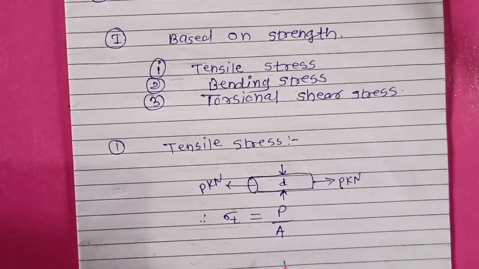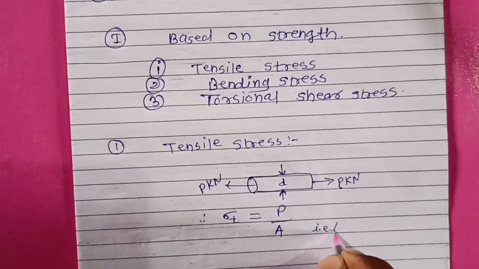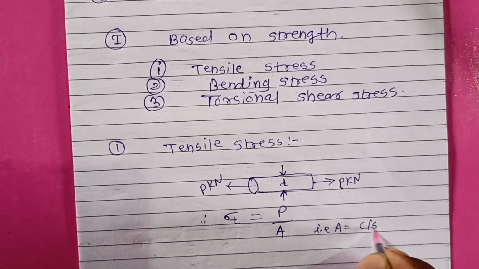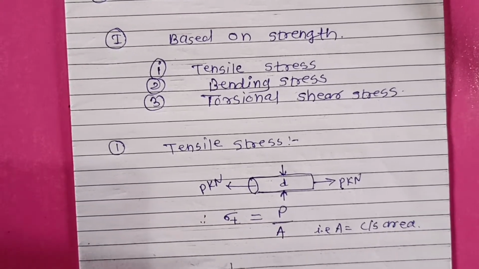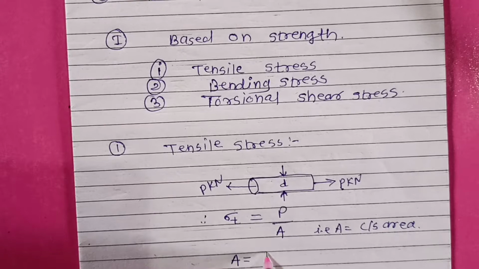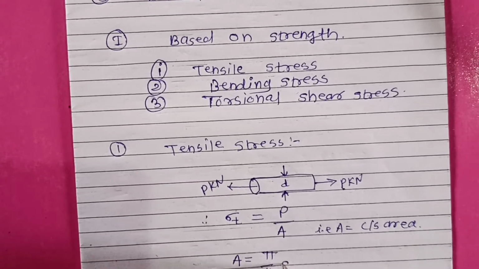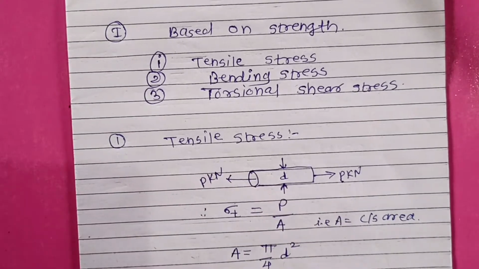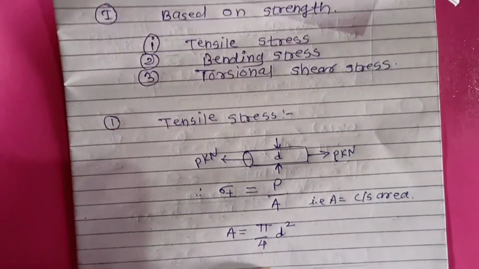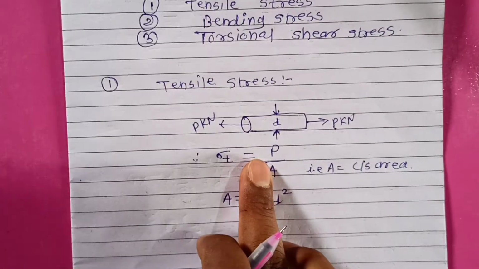Here A is nothing but the cross section area. Now the formula for A is equal to pi by 4 into d square. Now this value is put in the above equation.